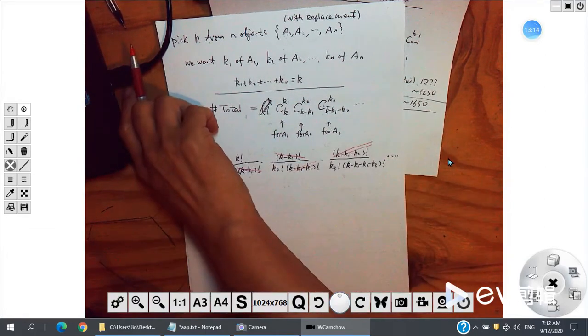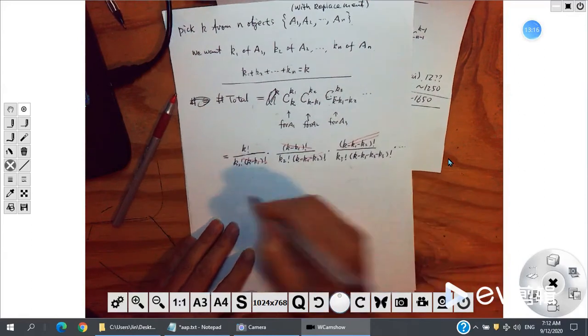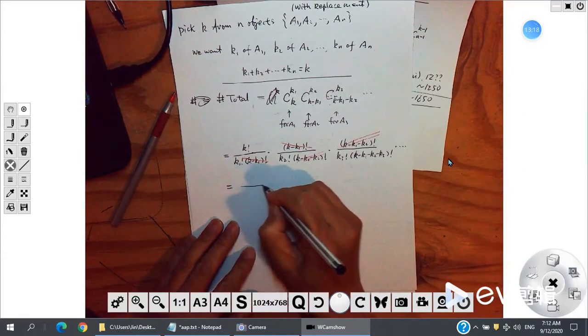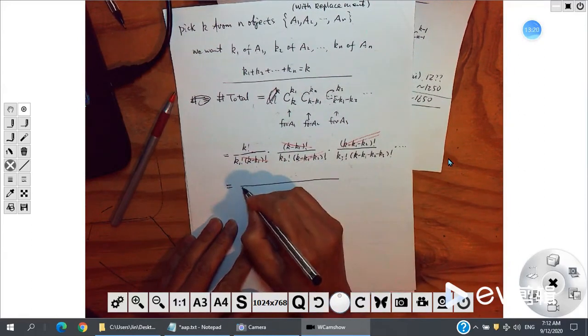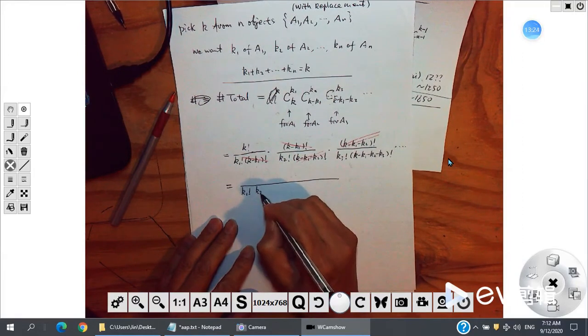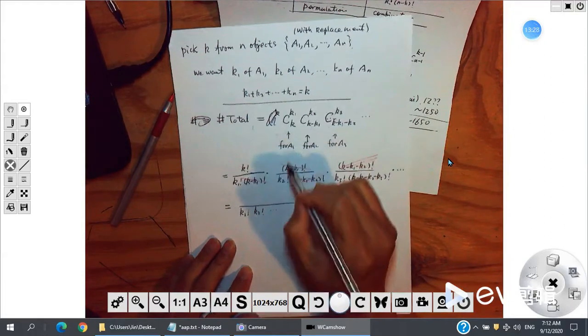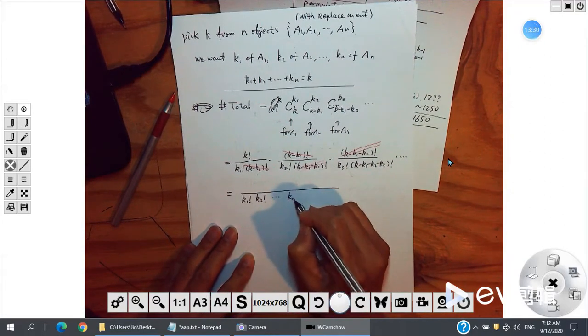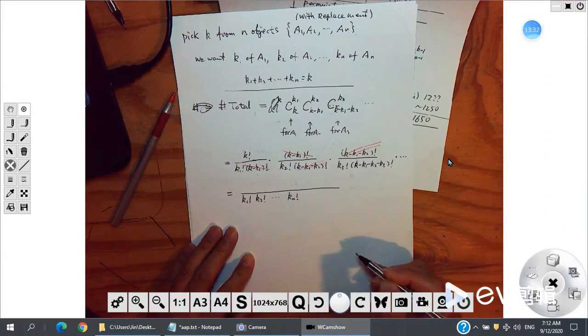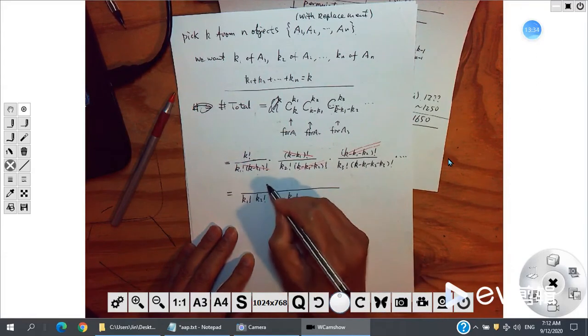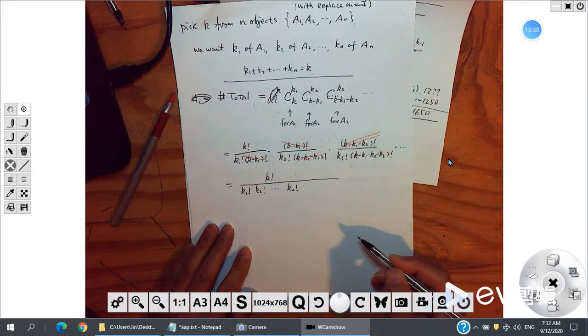So finally, we only have these left. In the denominator, I have k1 factorial, then k2 factorial, until the last one is kn factorial. This is the denominator. And in the numerator, we only have k factorial left. So the result is this one. Total amount is this one.